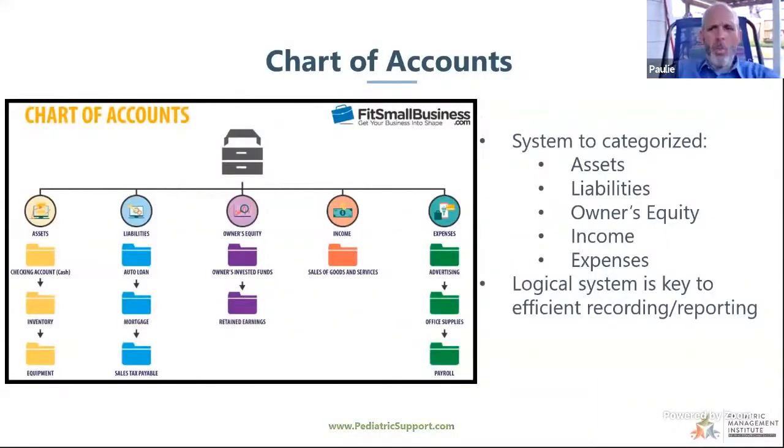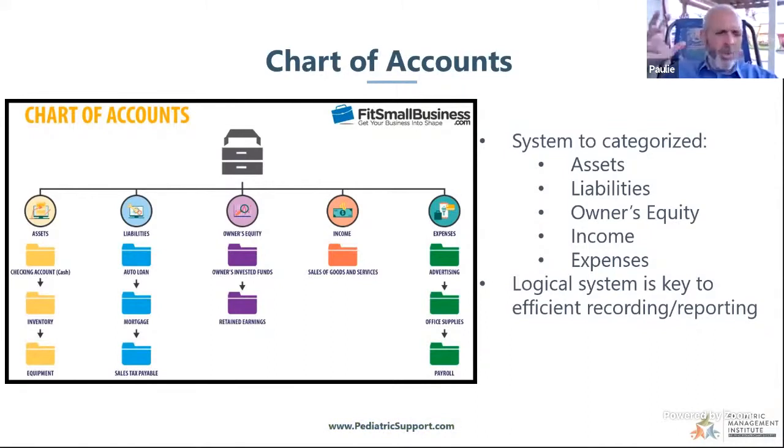One of the things that's important with any accounts payable system is what's called the chart of accounts. The chart of accounts is a series of buckets, if you will. And these buckets are classified by just about every practice I've ever seen of any business organization. There are 5 primary buckets: assets, liabilities, owner's equity, income, and expenses.